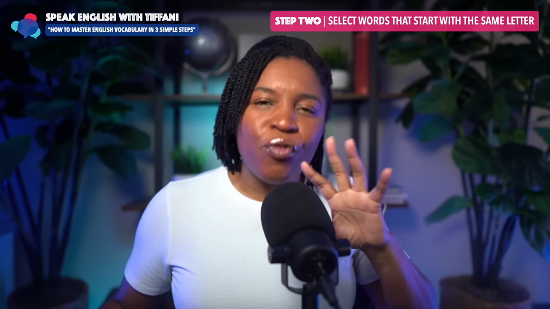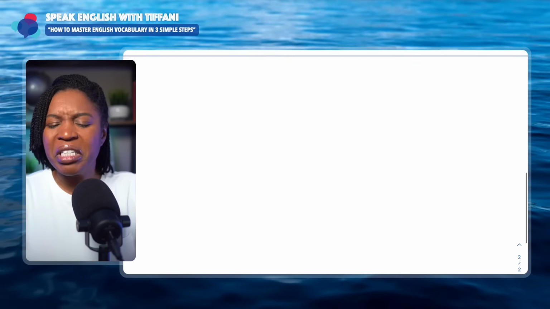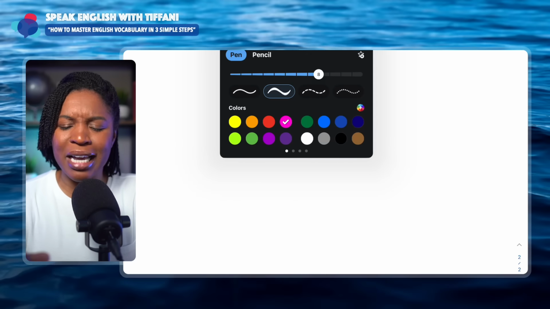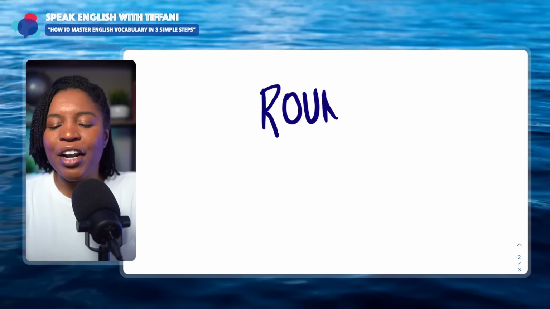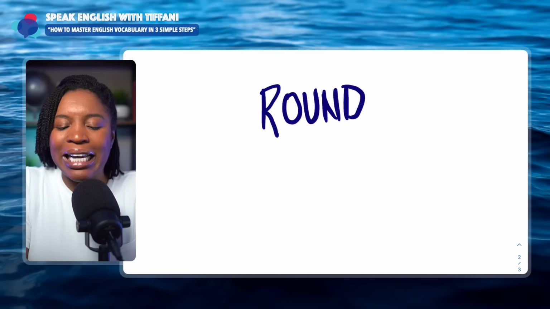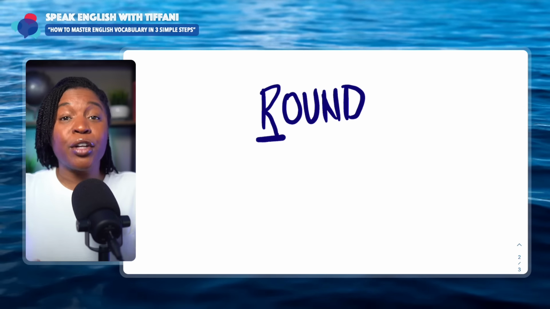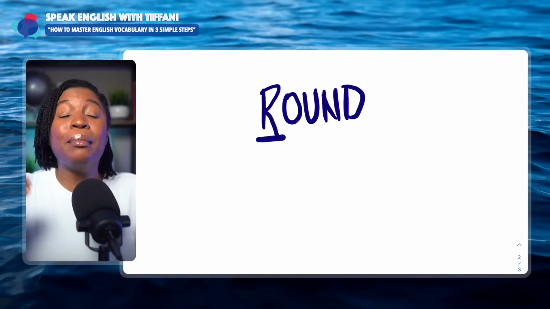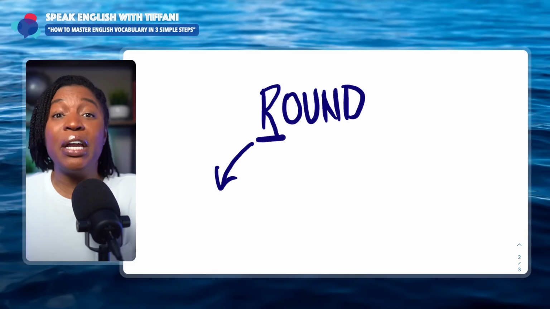Let's say, for example, before we jump to breaking this down, let's choose the same word, the word round. Now, the first letter of the word round is R. So step 2 is just to pick 3 words that start with the same letter. So we can pick any words.